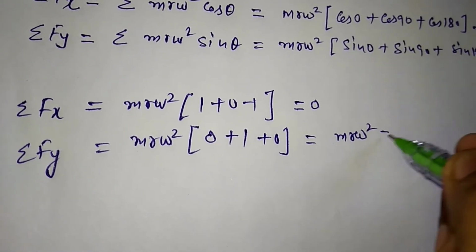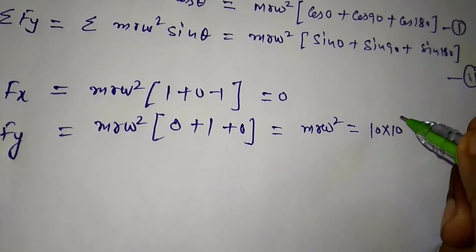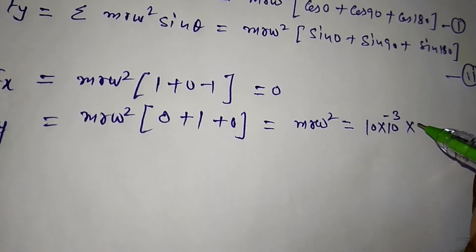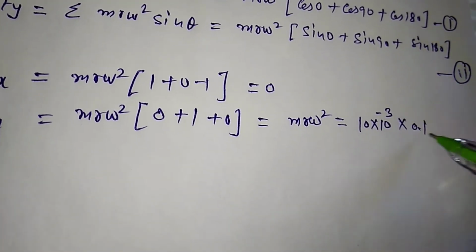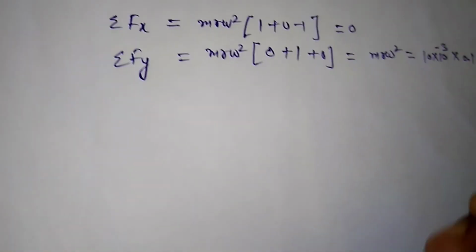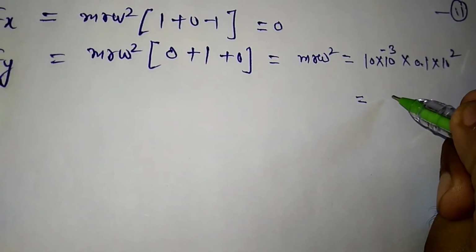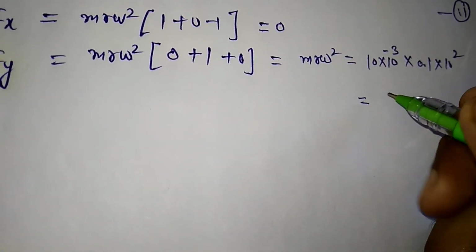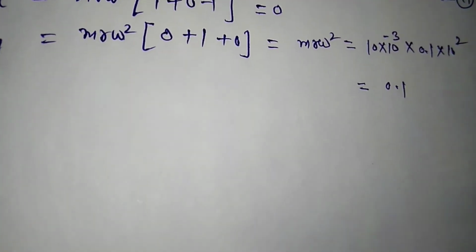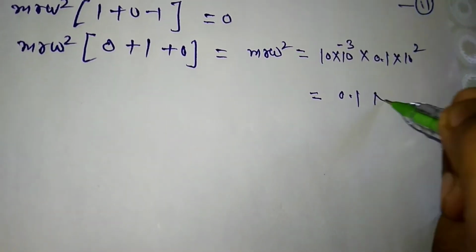Putting the value of m as 10 gram, converting it into kilogram, it is 10 to the power minus 3, r is 100 mm, which is 0.1 meter, and omega is 10, so 10 square. Finally it will be equal to 0.1 Newton.